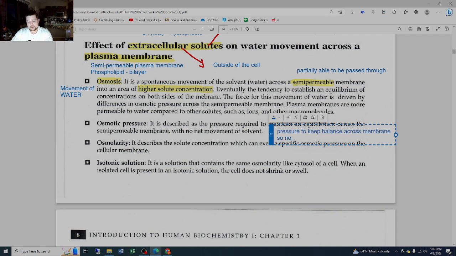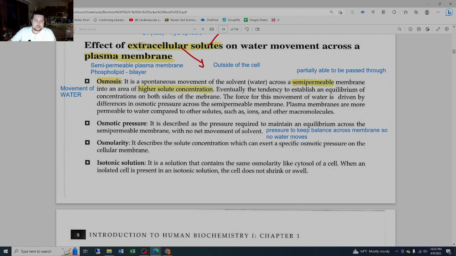Remember, solvent, water, moves. So there's a pressure, kind of like when there's water in a container, the water is pushing against the container and the container is pushing back. It's a similar idea where the water is pushing, but then there's a pressure on the outside keeping the same amount of water in. Okay?